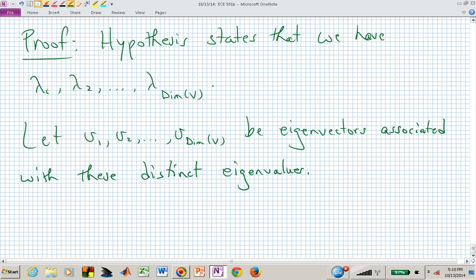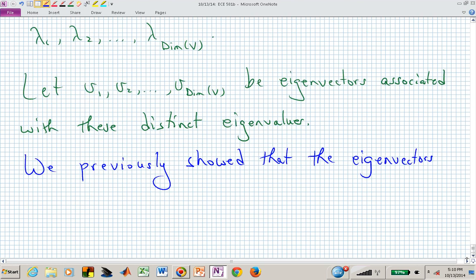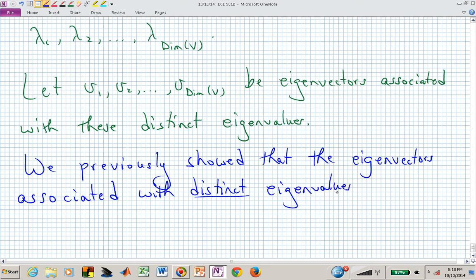And as you just told me, once we know that we have distinct eigenvalues, we previously showed that the eigenvectors associated with distinct eigenvalues are linearly independent.